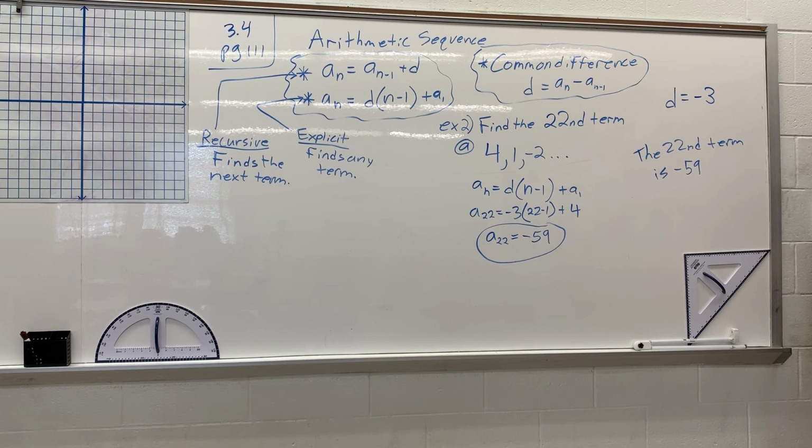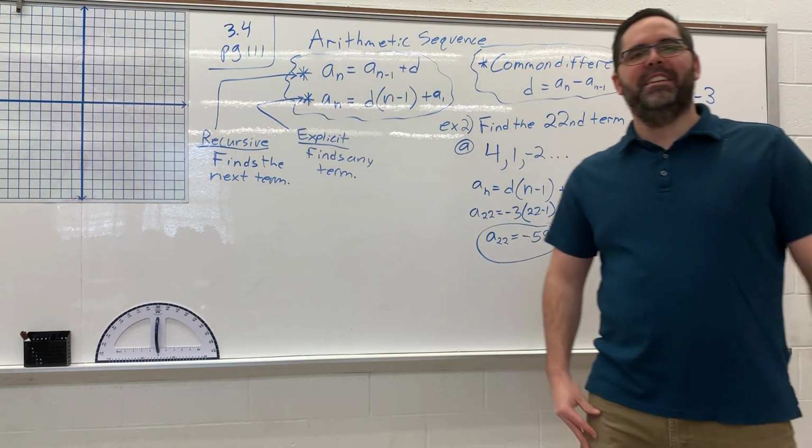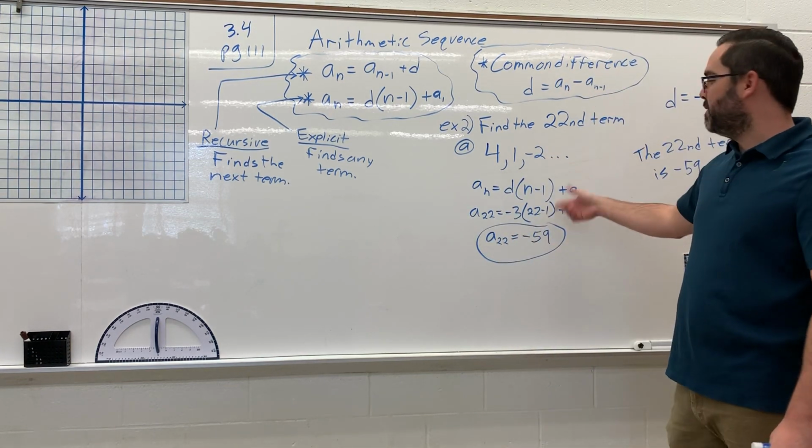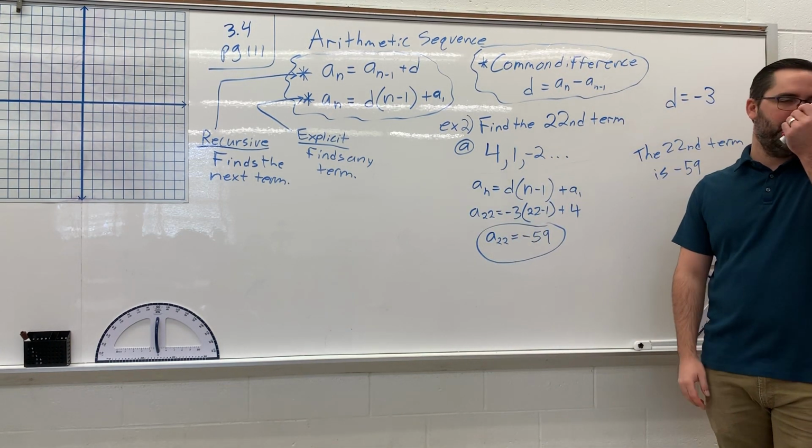So what if you did 21 times negative 3? 21 times negative 3 is negative 63. And then you just add the 4. Well, isn't that what the formula is? Yes, exactly. The formula is exactly what you're doing in your head.